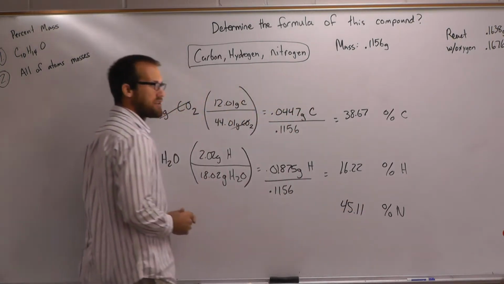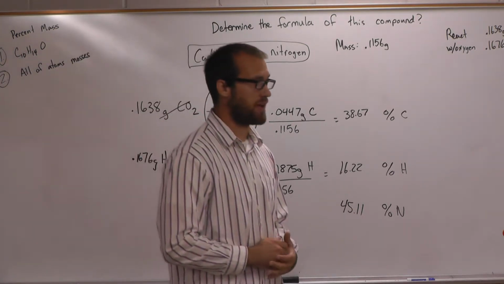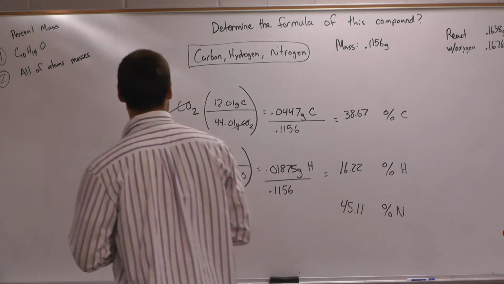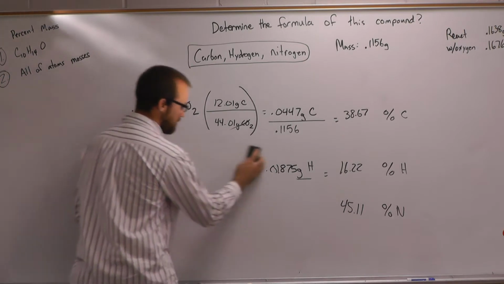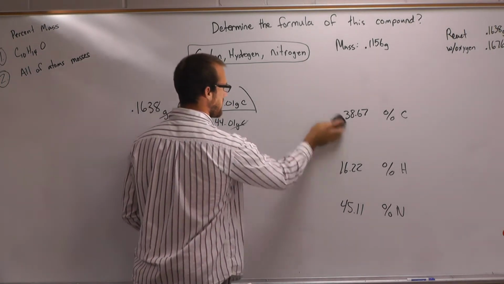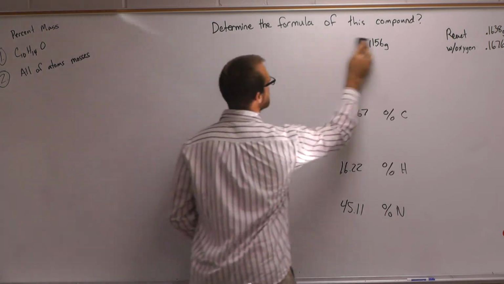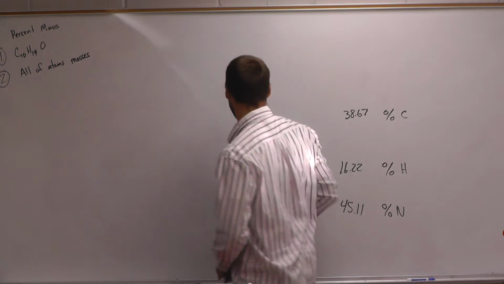All right, so this is essentially what we just did, find percent mass, but it was a more difficult way of doing it. We're going to go a step further and try to figure out the empirical formula from this percent mass. Something that's a little bit different, but still review from last year. We're still on the same problem, just going to determine the formula here.